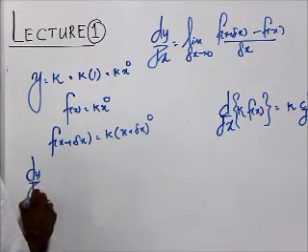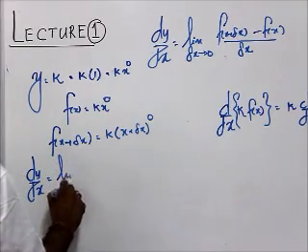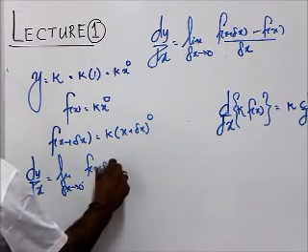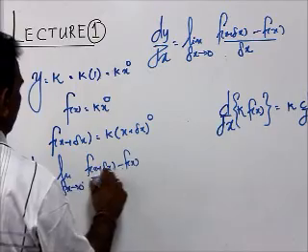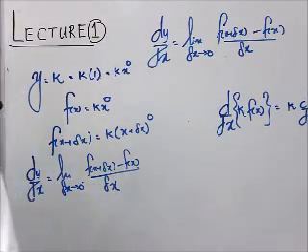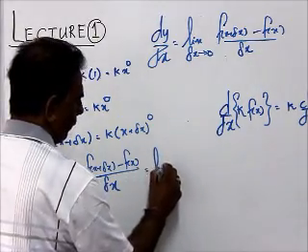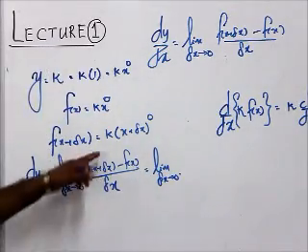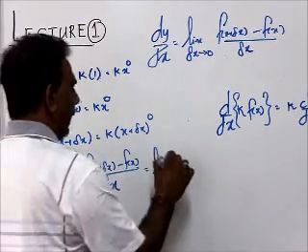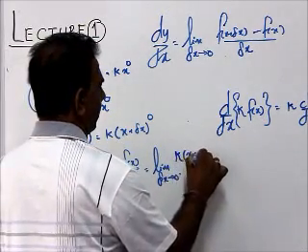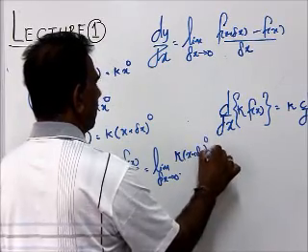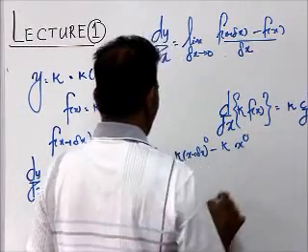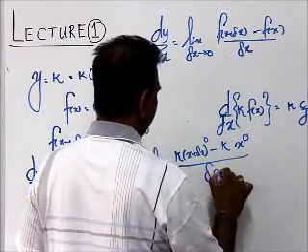According to the definition, dy by dx is equal to the limit as delta x tends to 0 of f of x plus delta x minus f of x over delta x. So k times x plus delta x to the power naught minus k times x to the power naught, over delta x.